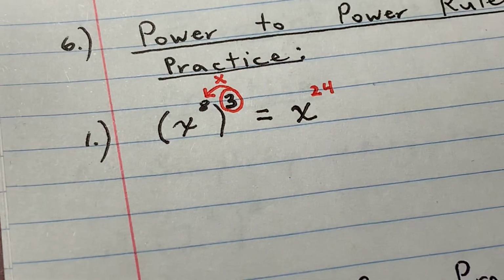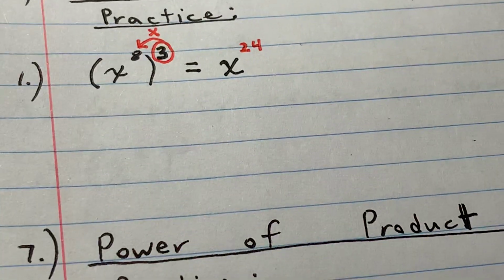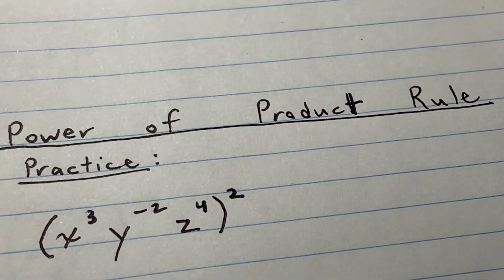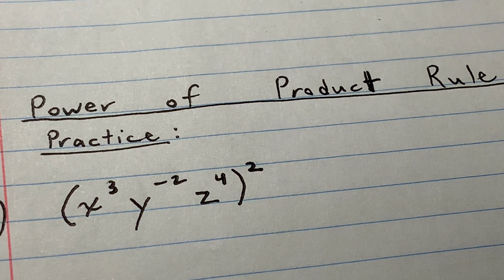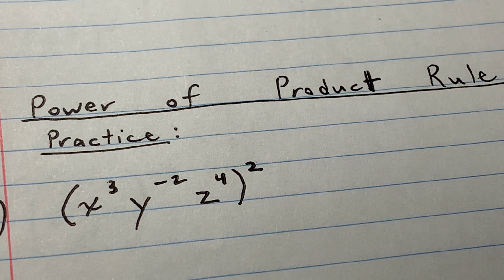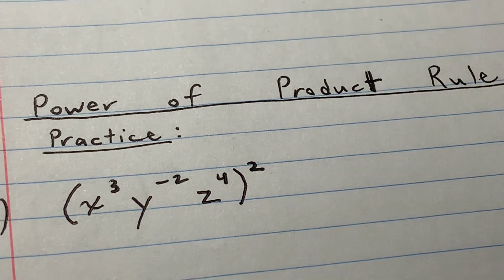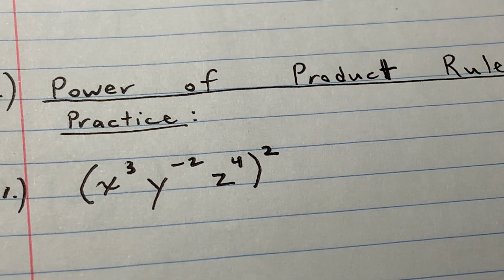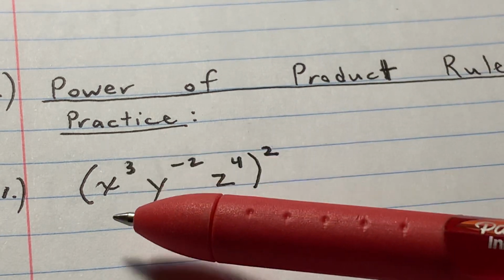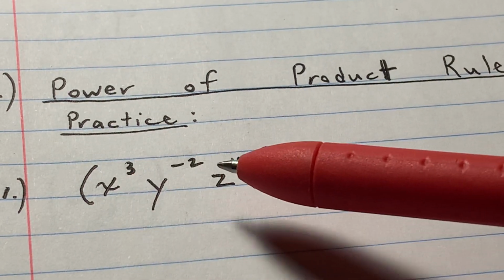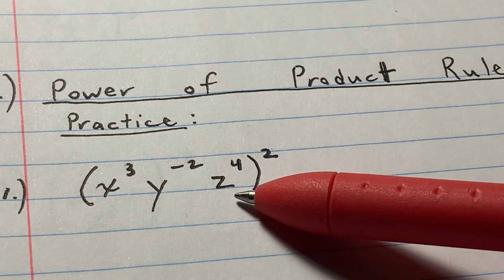Let's now take a look at power of product rule. Okay, power of product rule. Let's look back if you need to remind yourself what to do, but I don't think you do. I think most of you know exactly what to do. Okay, the only difference between this and what we just did up here is that now we have more than one variable base inside the parentheses.